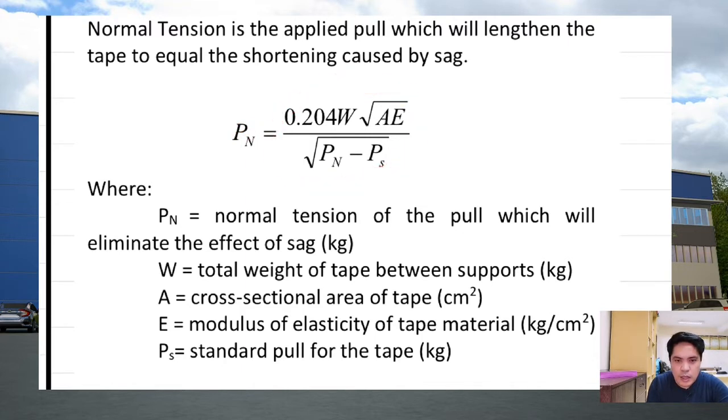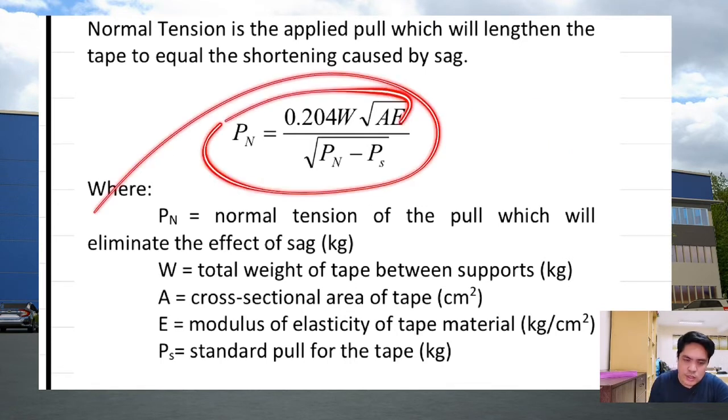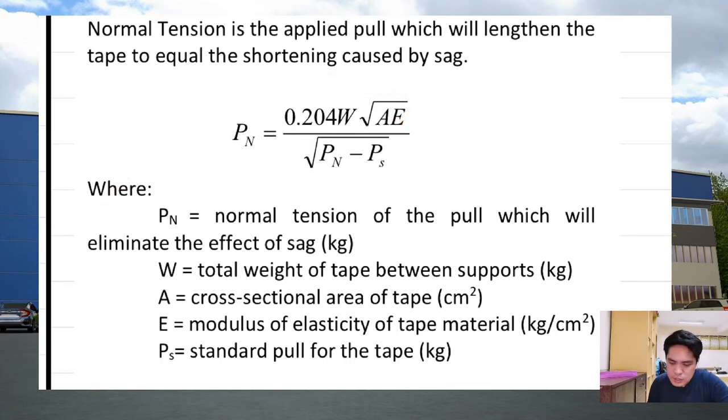So this formula is derived if we equate the correction due to pull and the correction due to sag. Okay? So equate natin siya, that will give us this formula. And if you notice, medyo complicated yung formula because the left side and the right side contains yung hinahanap nating normal tension.